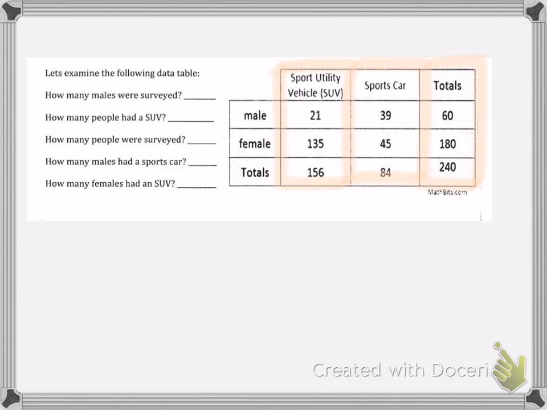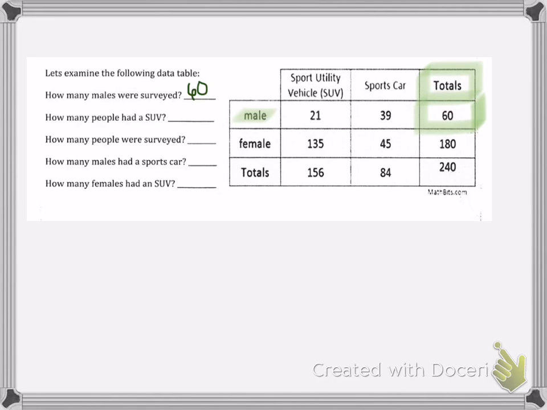So we've really got 3 rows going on, 3 columns going on, so 9 different pieces of data.